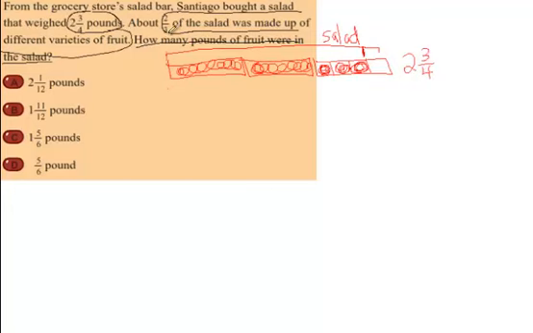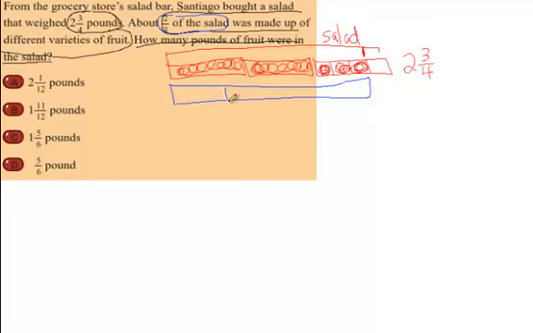Now, about 2/3 of the salad was made up of fruit. So I'm going to change my color for a second. I'm going to go to blue. 2/3 of the salad. Here's the salad. All this is the salad. So 2/3 of this is fruit. So I'm going to cut this into thirds.